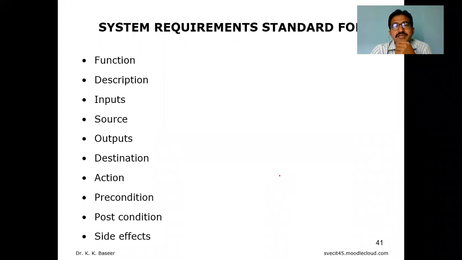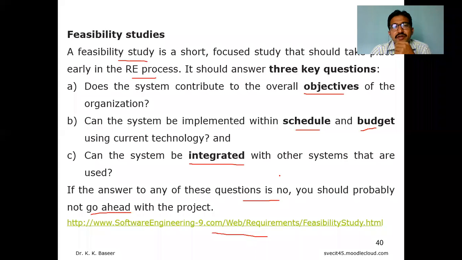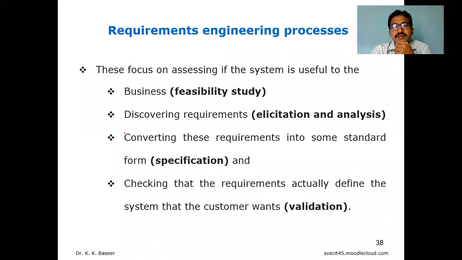As I said, the second part comes after the feasibility. Once the feasibility is done by answering the three questions, we go again for the discovery of the requirements. Now these requirements are converted into a standard form.